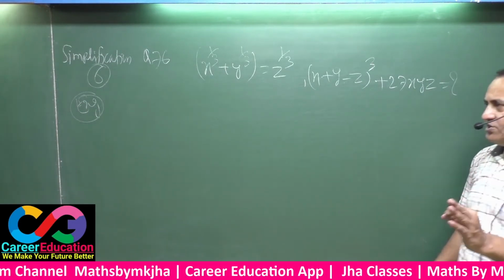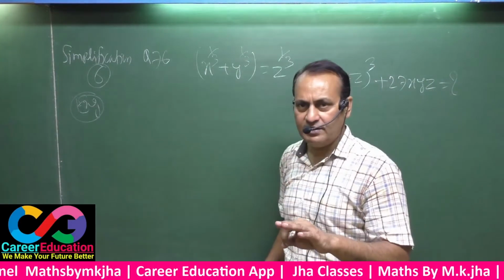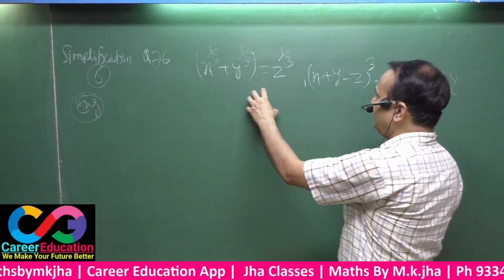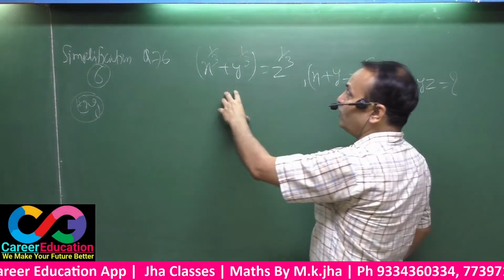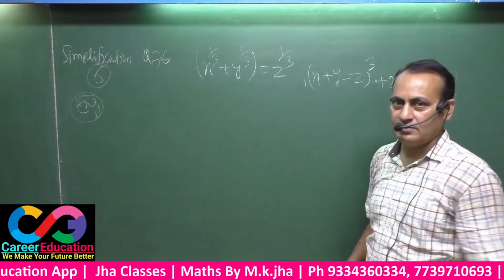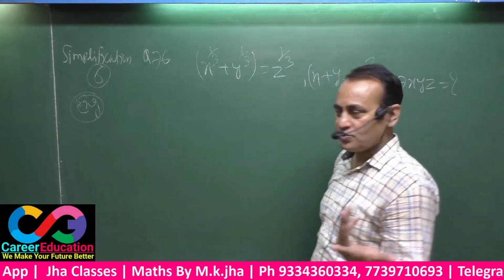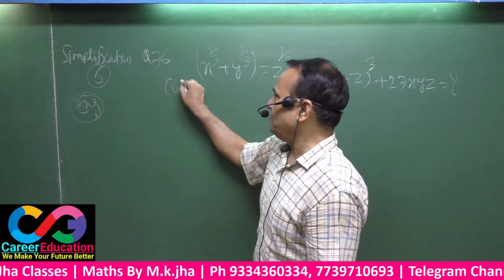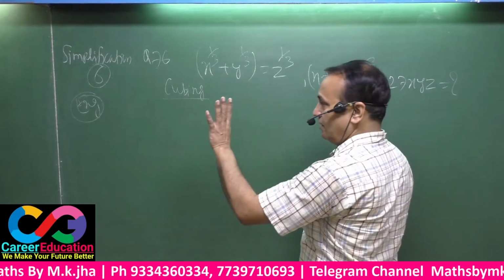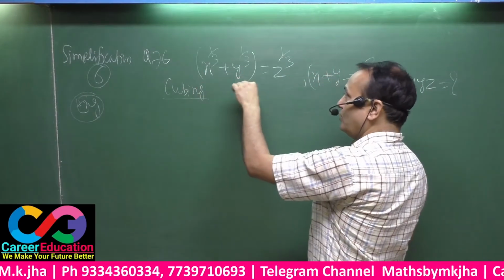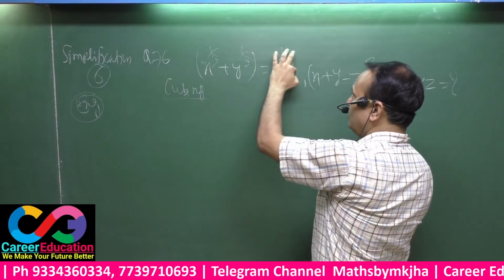It is very much clear from the question given. That means this is given, this is to be pointed out. It is certain that you have to have cubing both sides. That means after cubing, this will go through a plus b whole cube equals to, you put 3 power here, 3 power here as well.